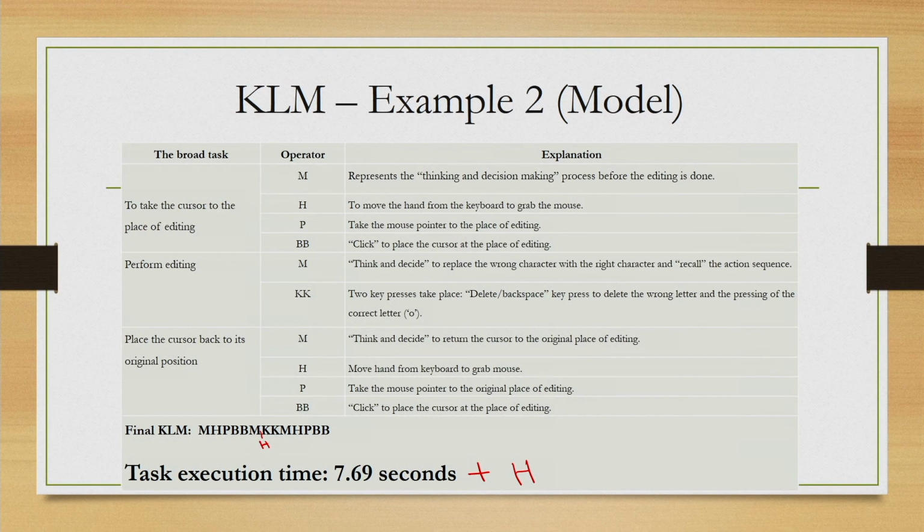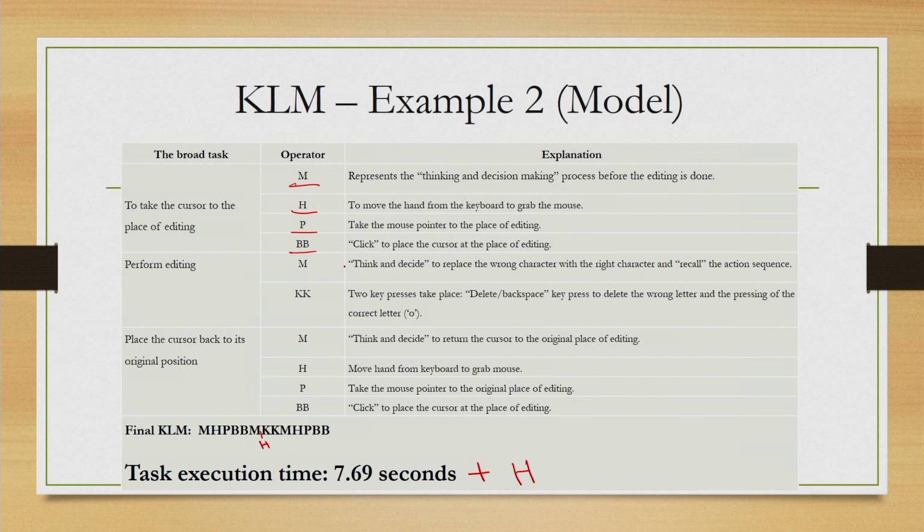So, then first we need to decide that we need to rectify it. So, that is one M. This is followed by one homing operator, because we are typing. So, we need to shift to mouse. This is followed by a P, which is basically placing the mouse pointer at the right place, then clicking the mouse pointer so that it is placed at the right location.